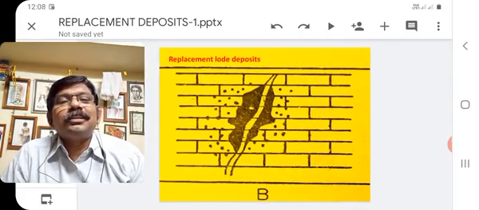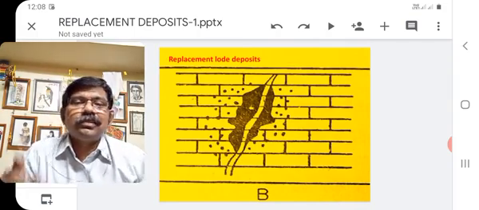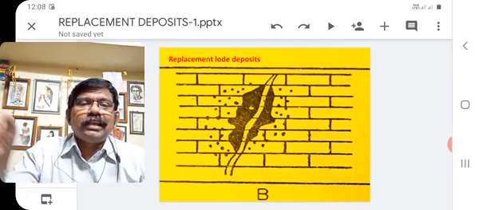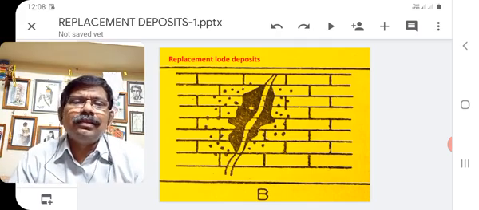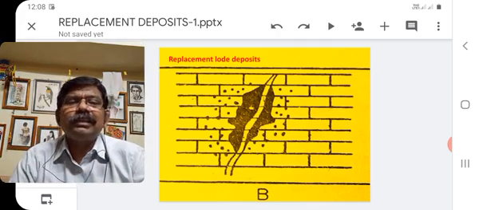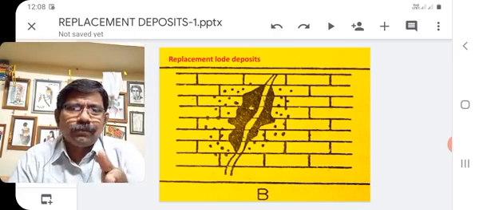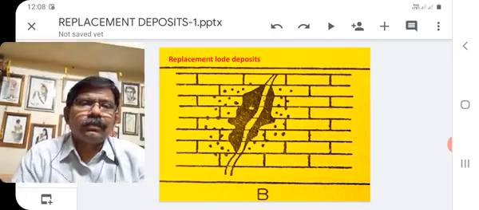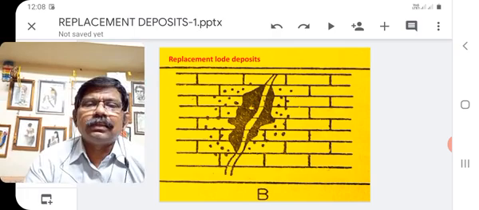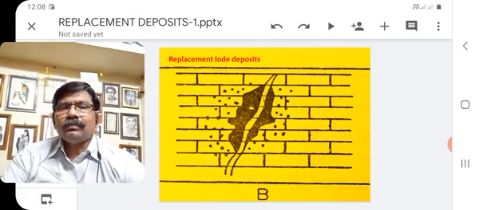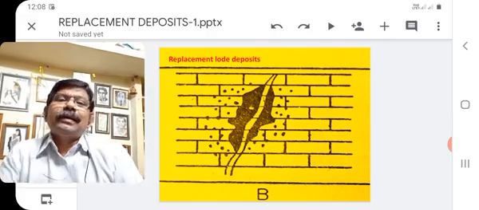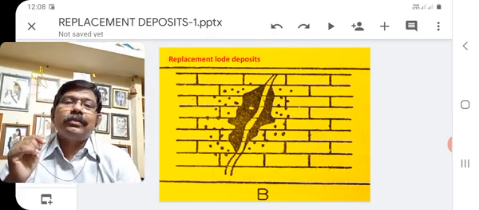Then this is the replacement deposit. I told you first it will scatter around through the permeable rock, and next it will settle down along the fissures.